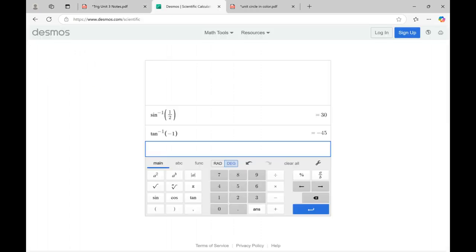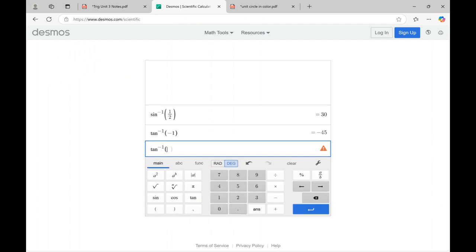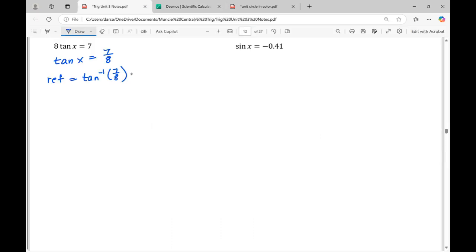So in our calculator, we're going to go to function and use tangent inverse of 7/8. And that is going to give us a 41.19 angle. So I'm going to go to 2 decimal places today. So 41.19 degrees is our reference angle. It's already positive, so I don't have to take the absolute value of it.